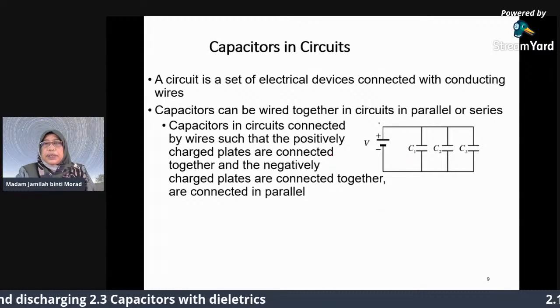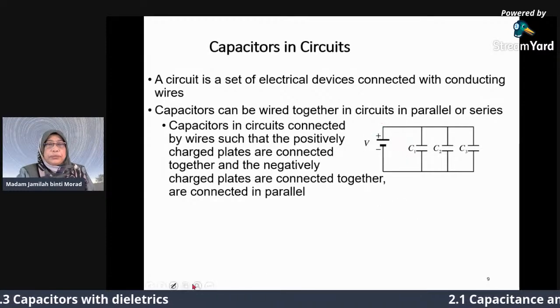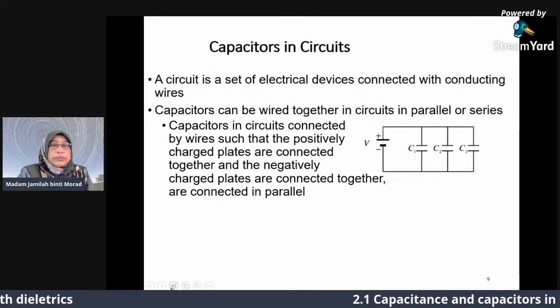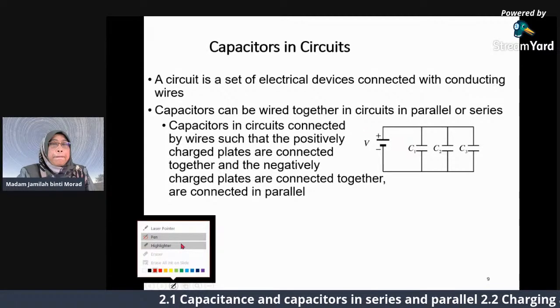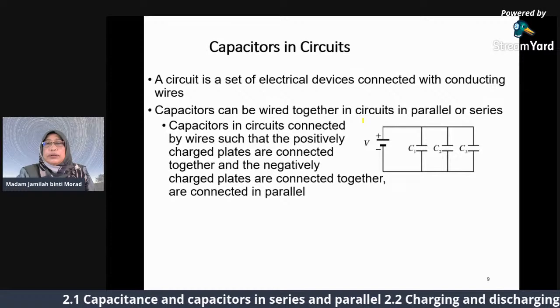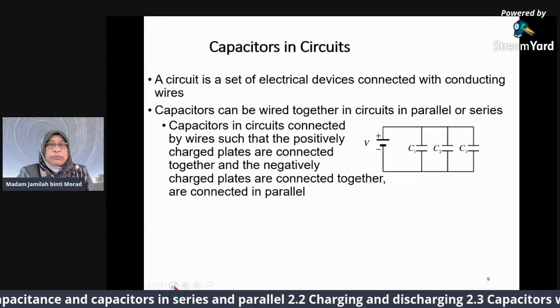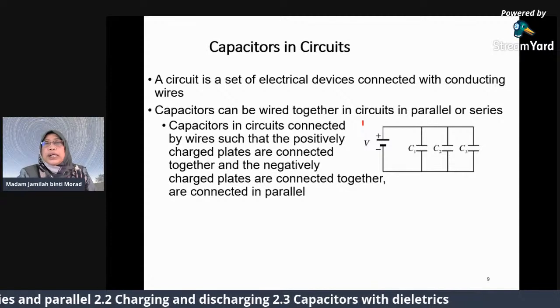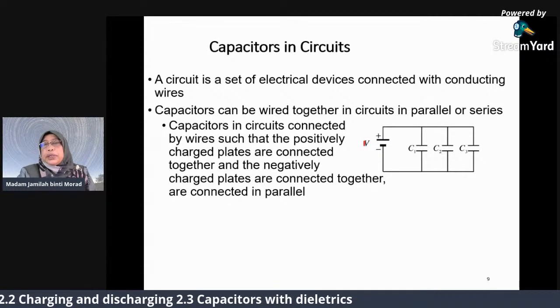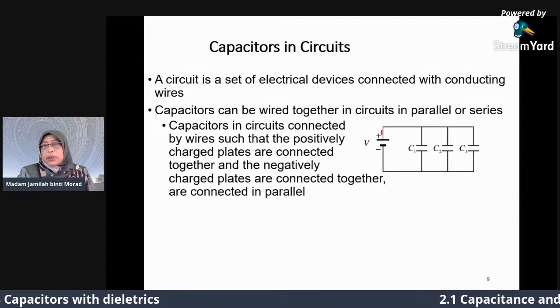Okay, for this figure here, you can see the positive terminal of the battery. This arrangement of capacitors, we say it is in parallel.